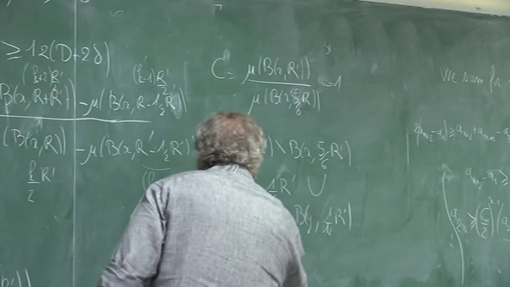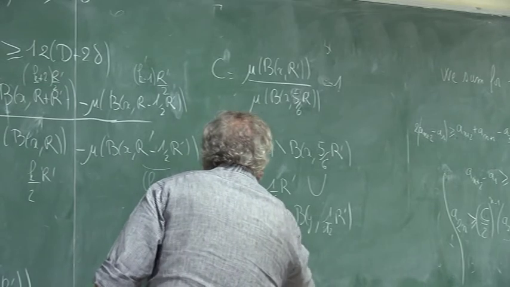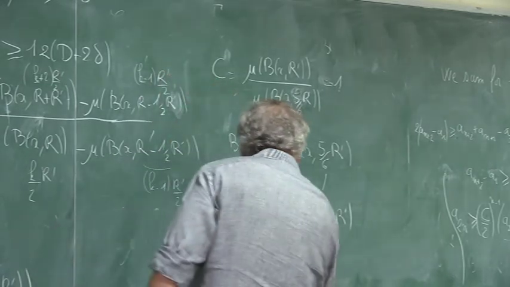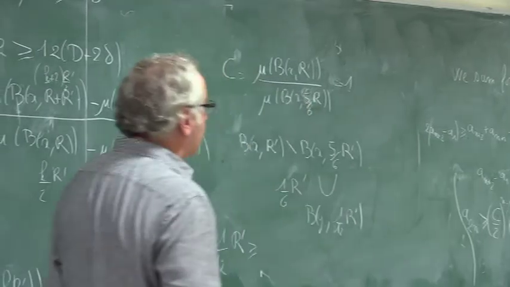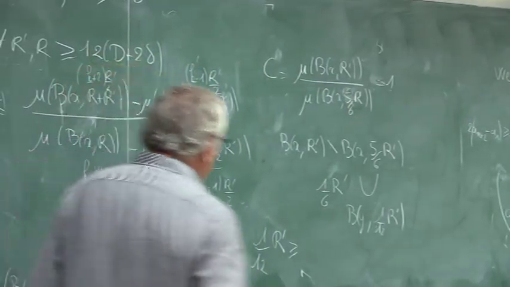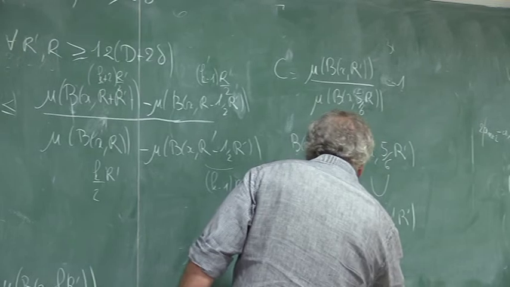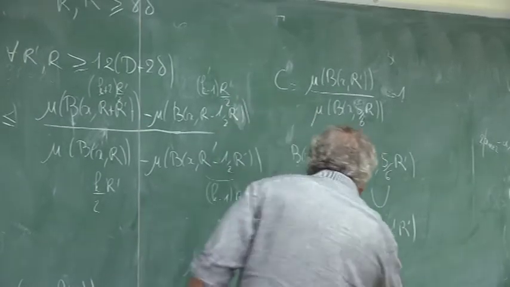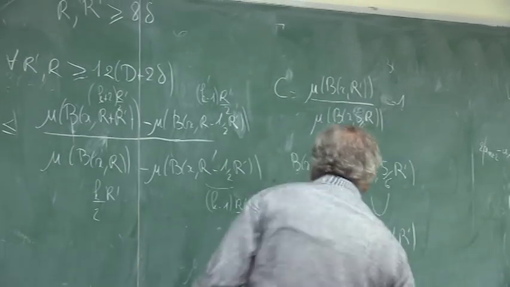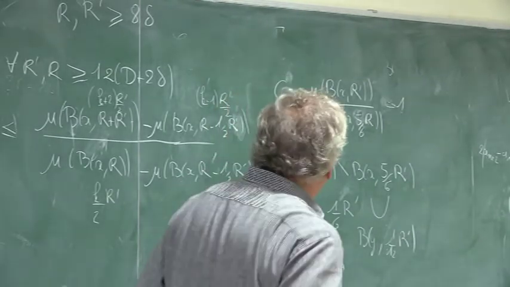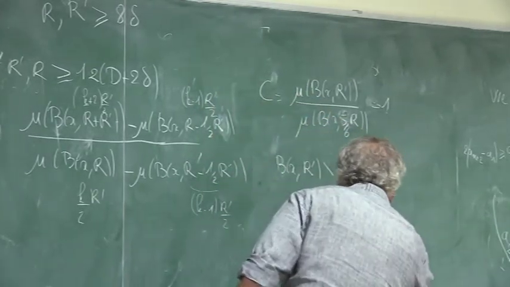But 1/12 of r prime by assumption, and this is where the assumption comes also very strongly, is greater than 12d plus 2 delta, which is then strictly greater than d.